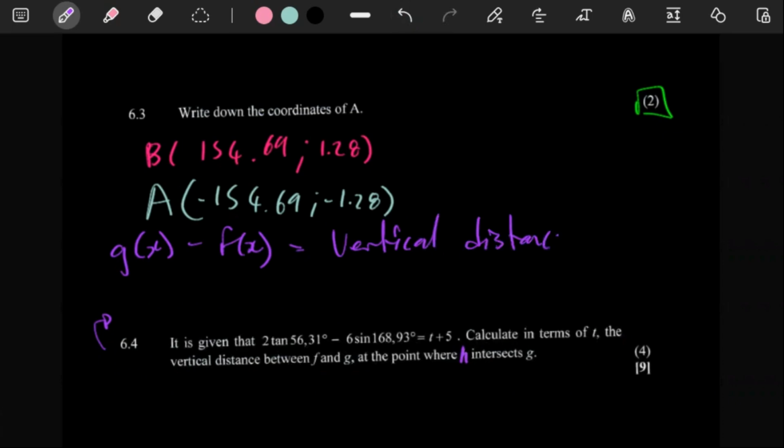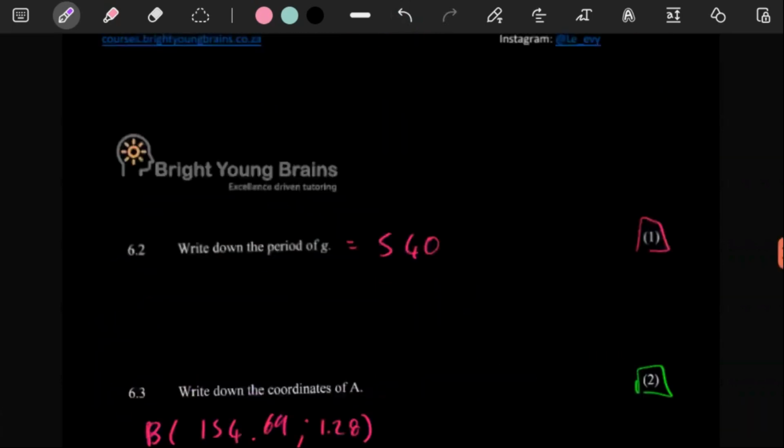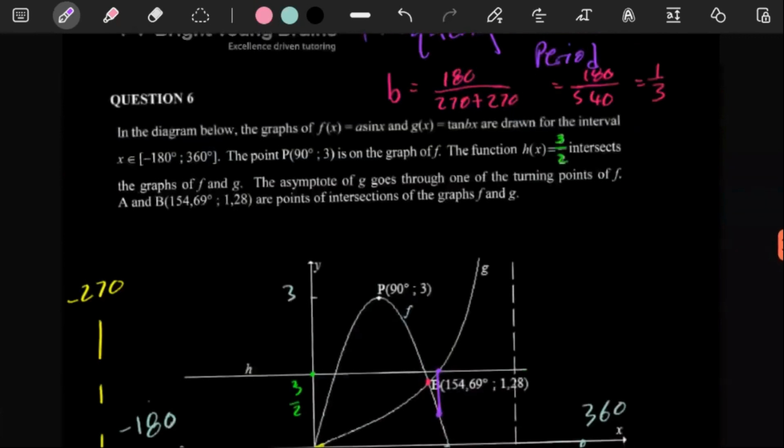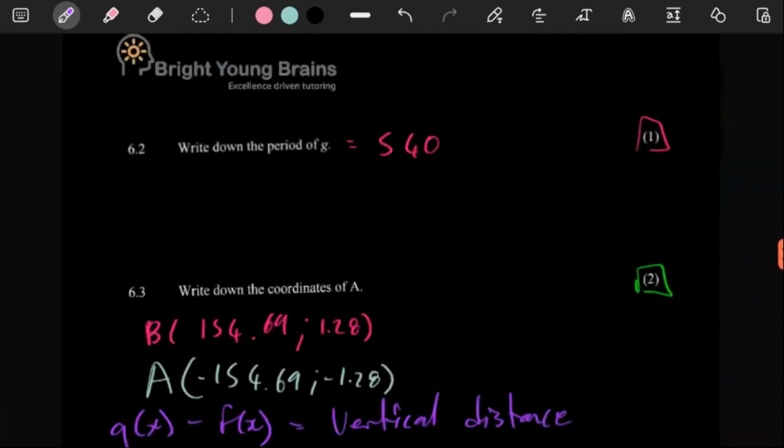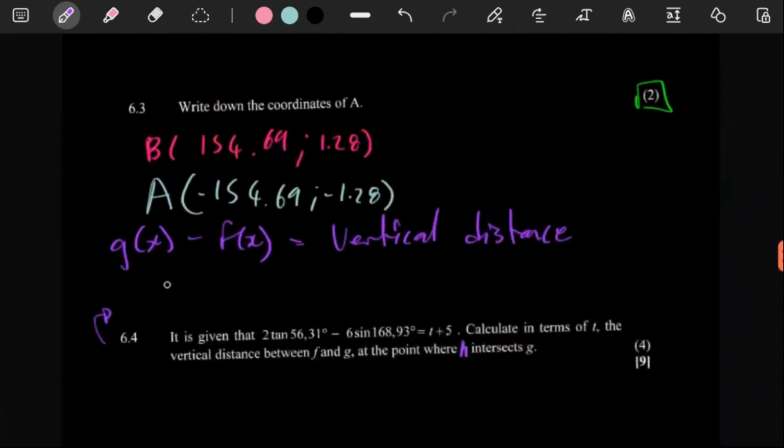So with your vertical distance, the issue is if you take the equation of g, what is the equation of g? It's tan of one over three x, minus 3. No. Yes, the amplitude is a 3 sine x, right? This is your vertical distance.